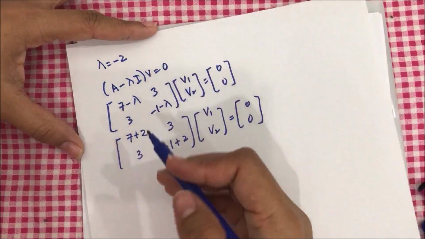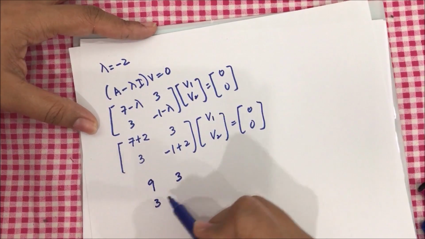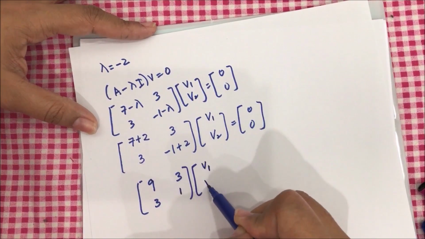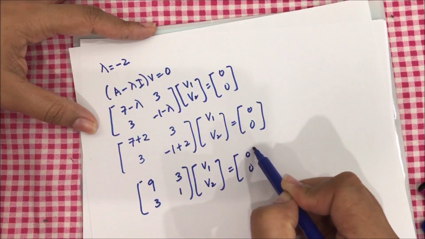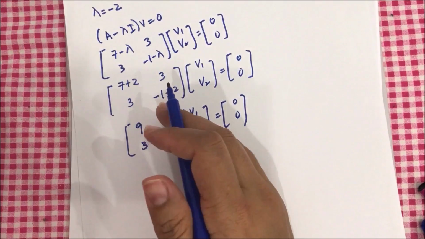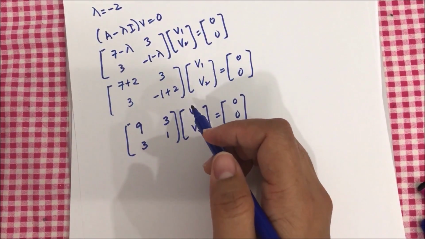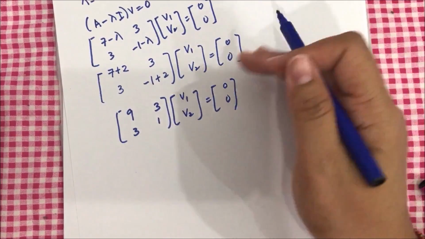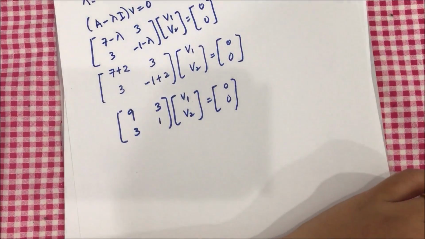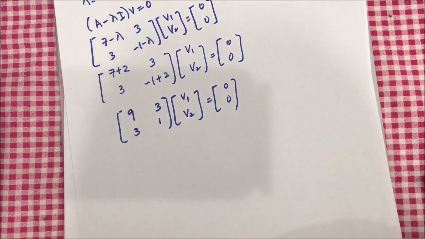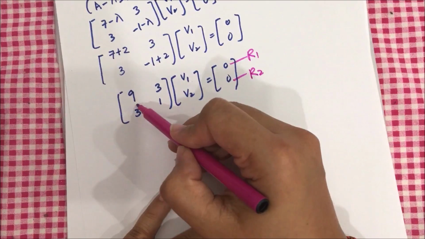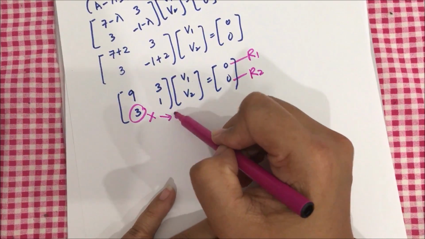That means 9, 3, 3, 1. And this is similar to just now. We have to solve the equation using Gauss elimination, or you can use a calculator if you want. Let's say this one is R1, this one is R2, and we try to eliminate this one to become 0.